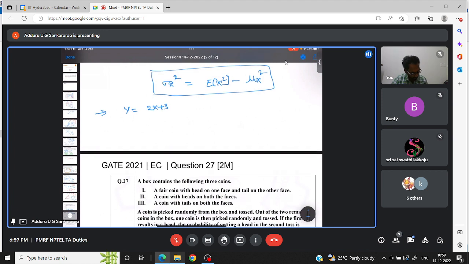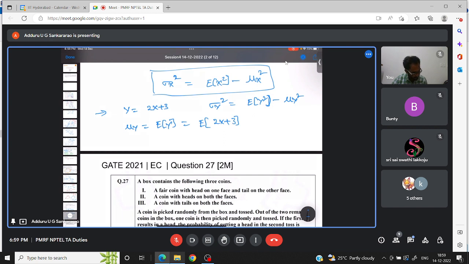Now if I want to find the variance of y, I need to find the second moment of y and the mean of y, right? Now the mean of y: expectation of y equals expectation of 2x plus 3.